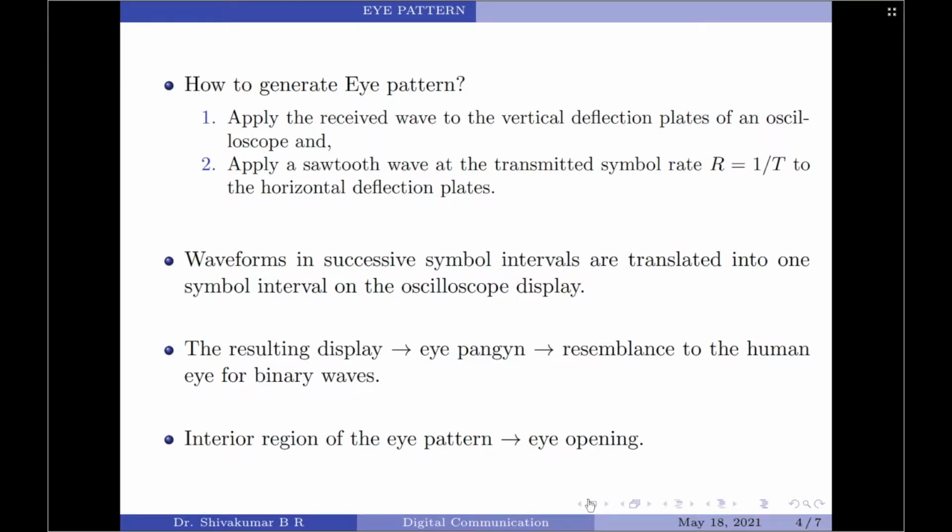To generate an eye pattern, we have to apply the received wave to the vertical deflection plates of an oscilloscope and then apply a sawtooth wave at the transmitted symbol rate r equals 1 by T to the horizontal deflection plates. When we do so, the waveforms in successive symbol intervals are translated into one symbol interval on the oscilloscope display.